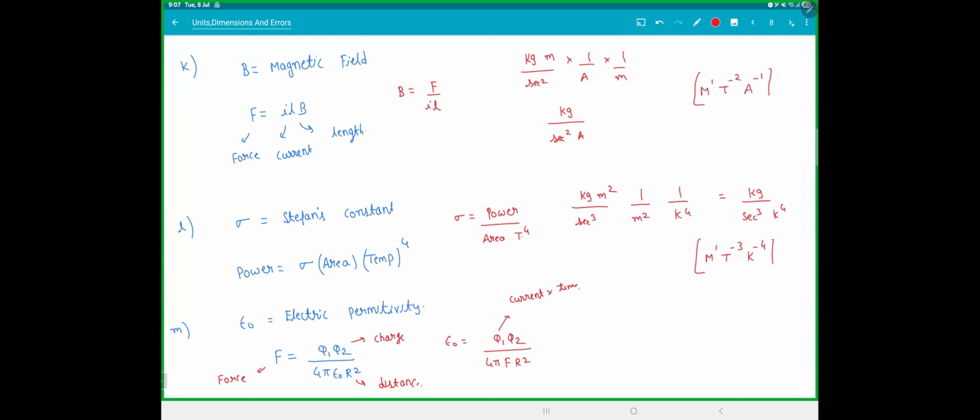Why did I make a mistake there? So numerator will be ampere into second ka square. Force will be kg meter per second square, and this is meter square. So ampere square, second power 4 by kg meter cube. M power minus 1, L power minus 3, T power 4, A square. Check.